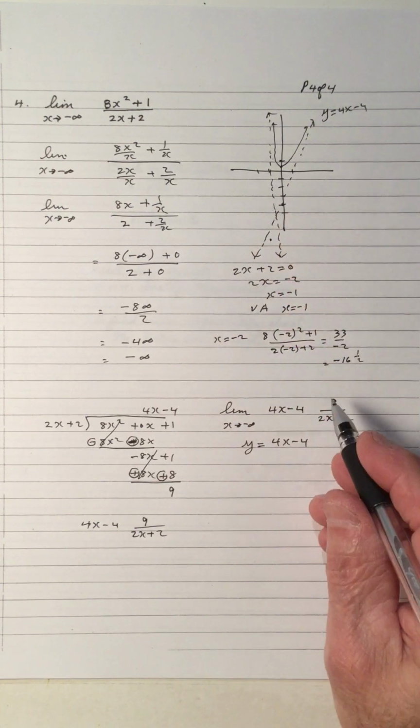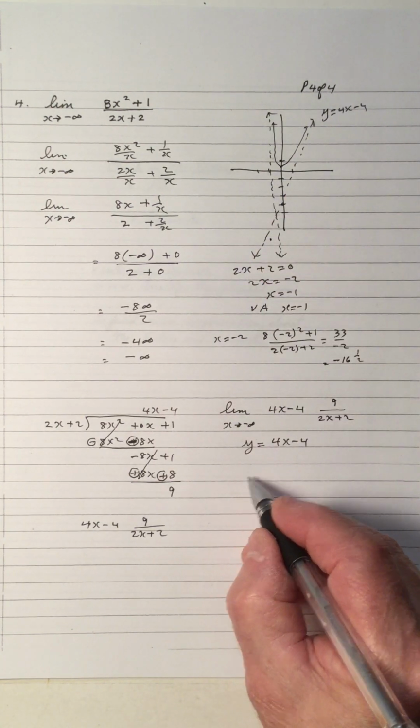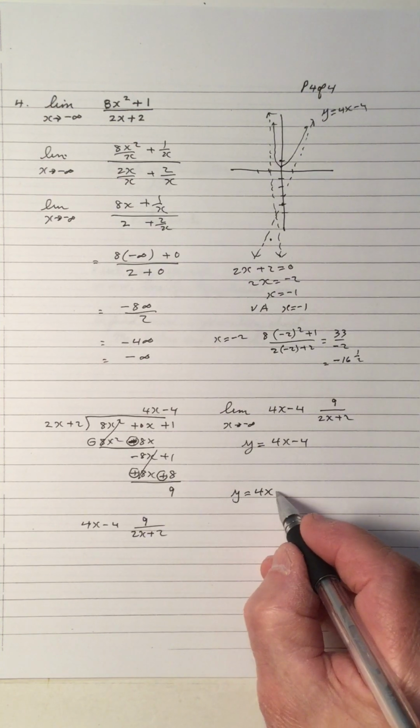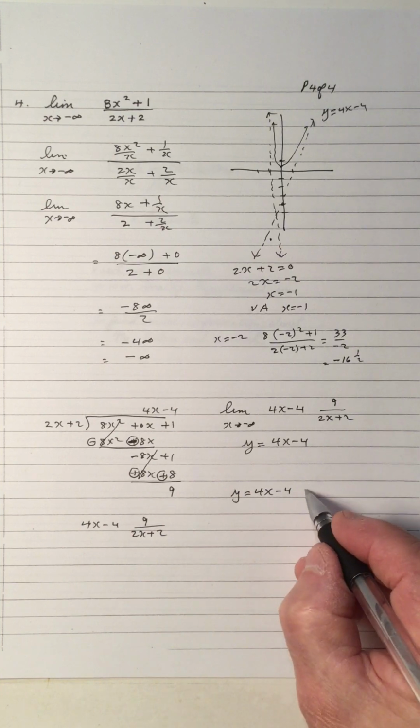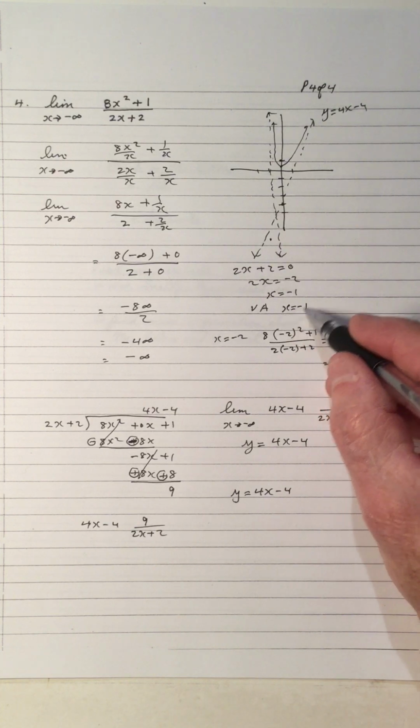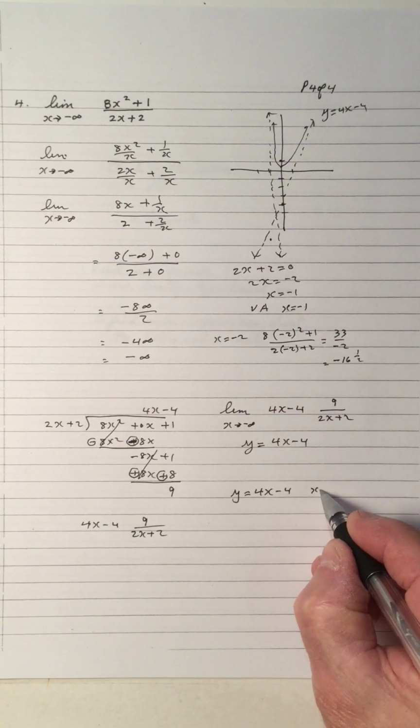But an interesting point that I want to look at is your horizontal asymptote, your oblique asymptote, y equals 4x minus 4. Your vertical asymptote is x equals negative 1.